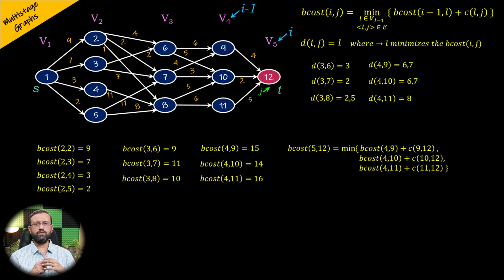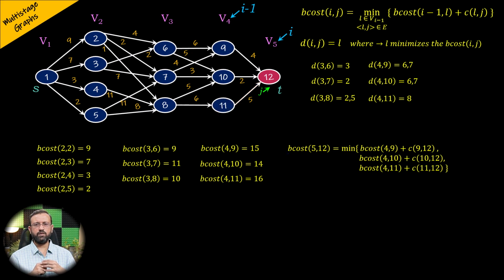Then b cost of 4, which is the previous stage, and vertex 10 plus the cost of the edge from vertex 10 and vertex 12. And b cost of 4, which is the previous stage, and vertex 11 plus the cost of the edge from vertex 11 and vertex 12.